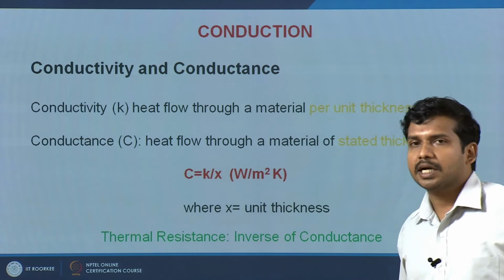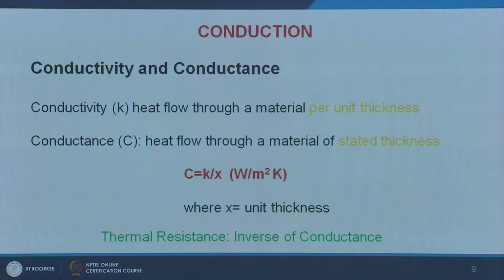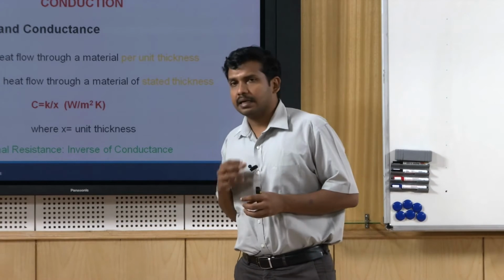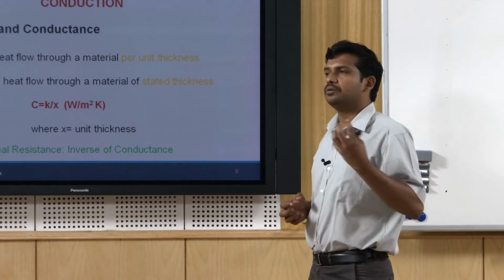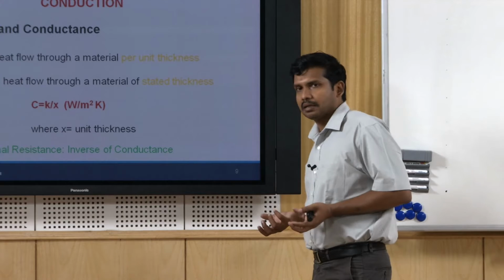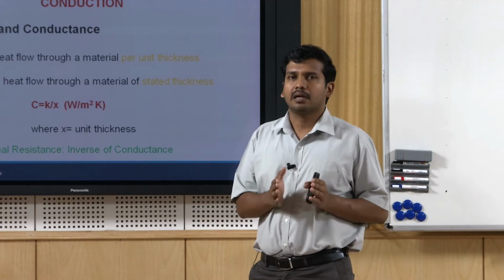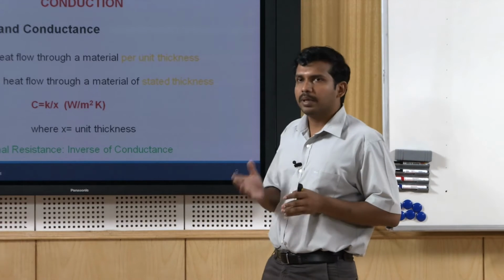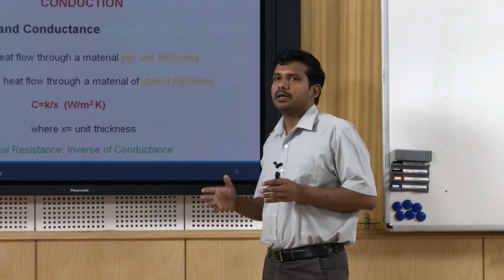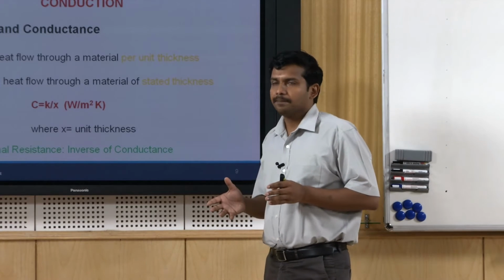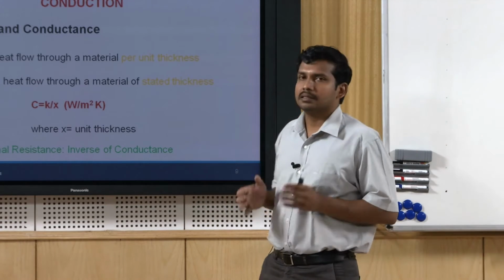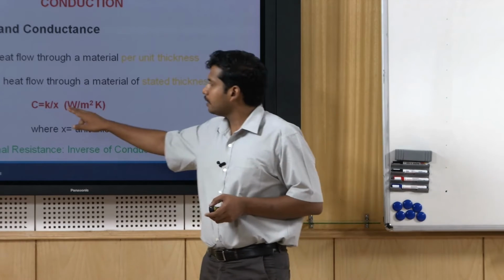The unit is watts per meter square Kelvin. When somebody gives the conductance of a material, the first thing you should ask is for what thickness. Conductance for a 100 mm or 110 mm thick brick wall would be different from that of a 220 or 230 mm thick brick wall, because conductance includes a factor of thickness.